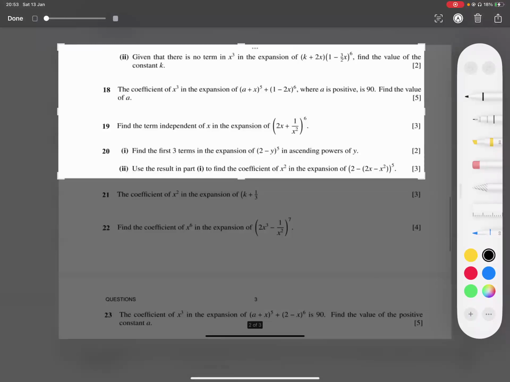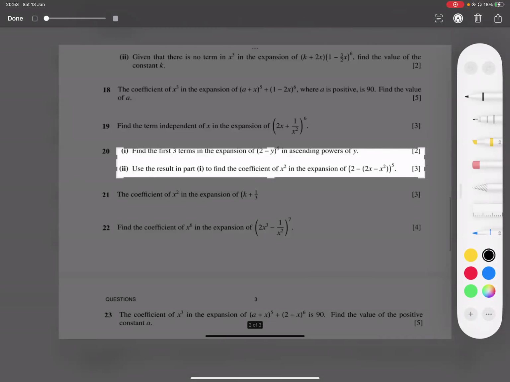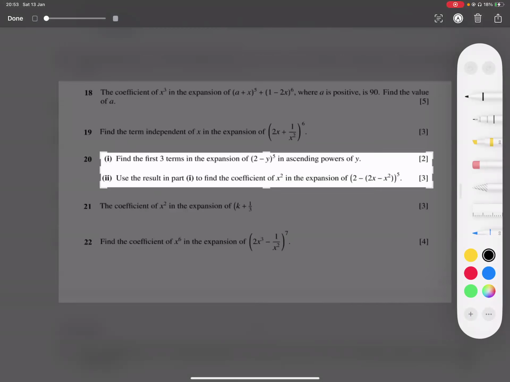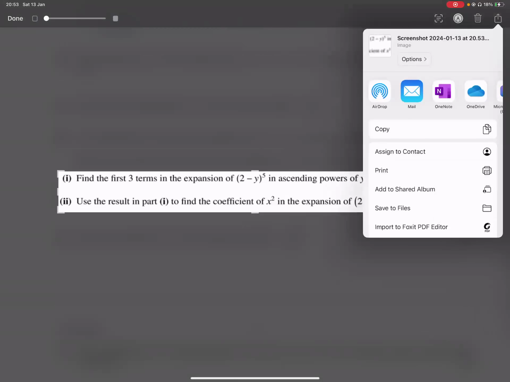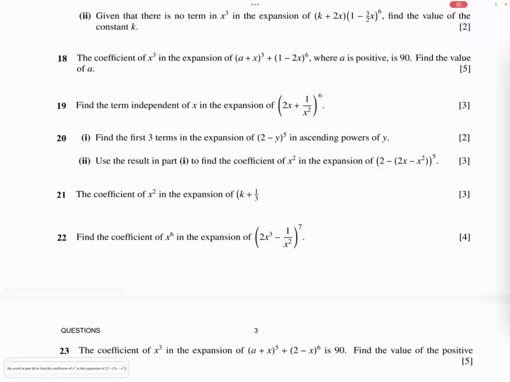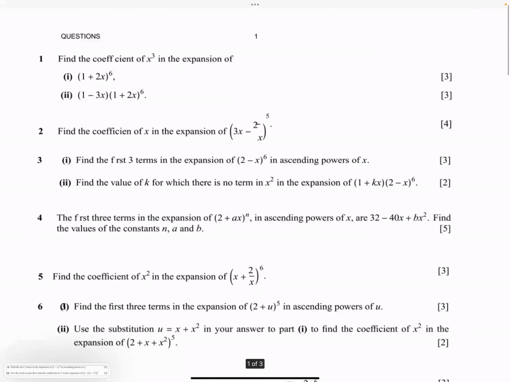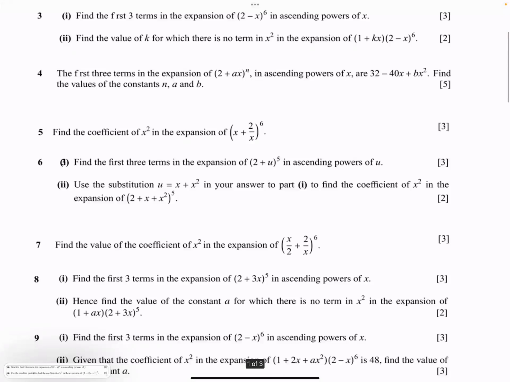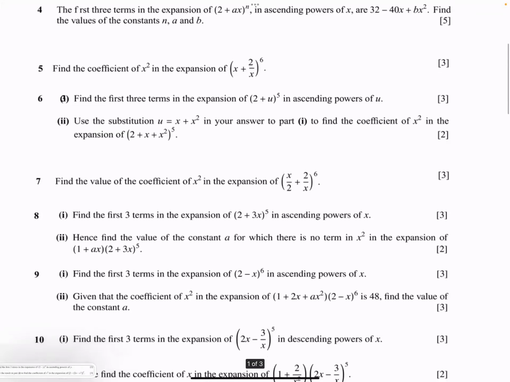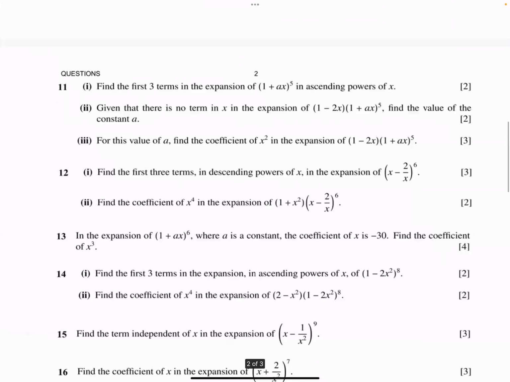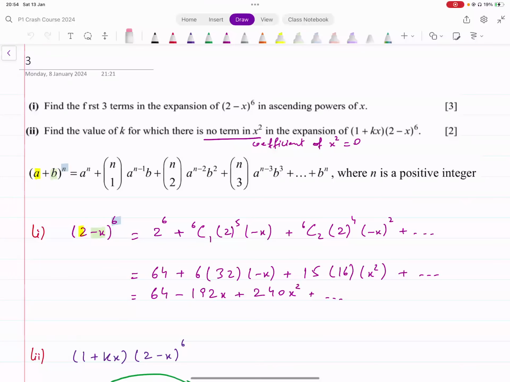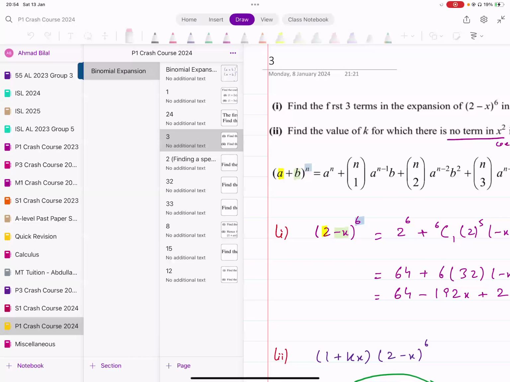Question number 20. The other one that I showed you earlier is very similar as well. The other one was question number 6. You can try 6 after this yourself. I'm going to do question number 20 because we haven't done one like this.